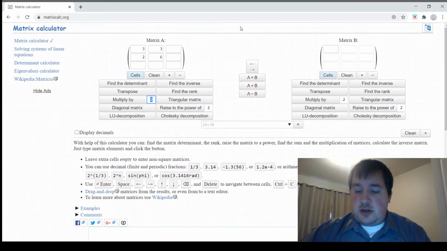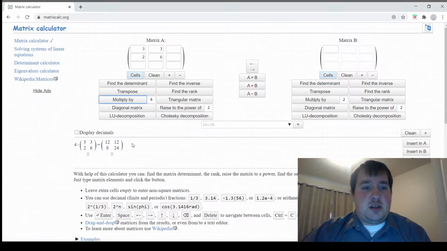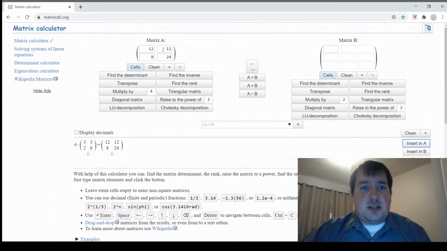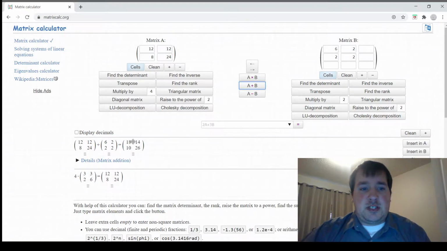Let's say we needed to know 4 times matrix A. All the results will be right here, and we can also just insert it into matrix A. This is a nice quick way in case we have a problem like 4 times matrix A plus matrix B. We can first solve for our 4 times matrix A, put it back into here, and then add our matrix B. Right here we have multiplication, addition, and subtraction. And then we'd get our answer for 4 times our original matrix A, plus matrix B.